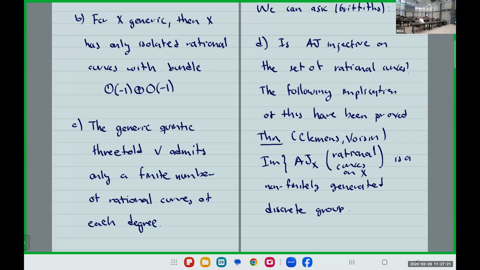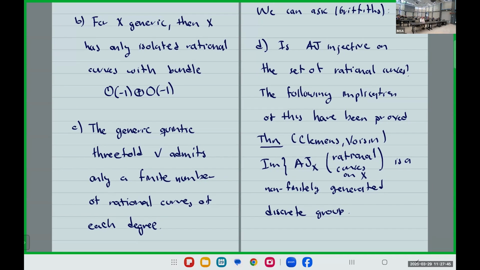So you don't have a way to control this, and you will have to choose which kind of cycles you can integrate. You will probably have to use more technology. I think Marker has worked on this. He can define a relative Abel-Jacobi map.